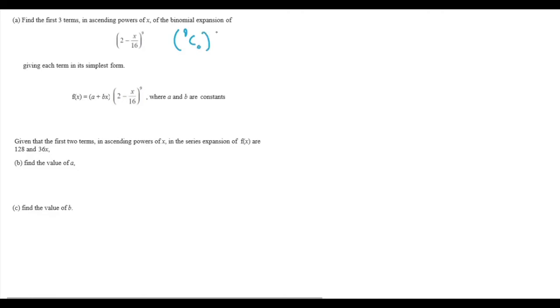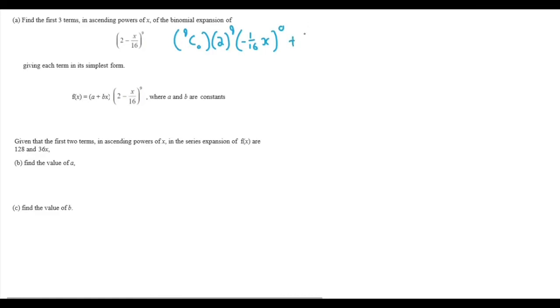choose 0, and this time, different to what we had before, the a is going to be a 2, so 2 to the power of 9, and then here we could say that this is going to be minus a 16th x if we wanted, and that's of course going to be to the power of 0.